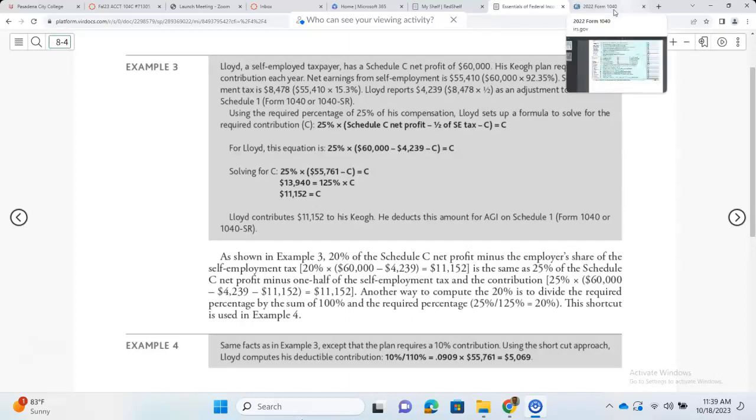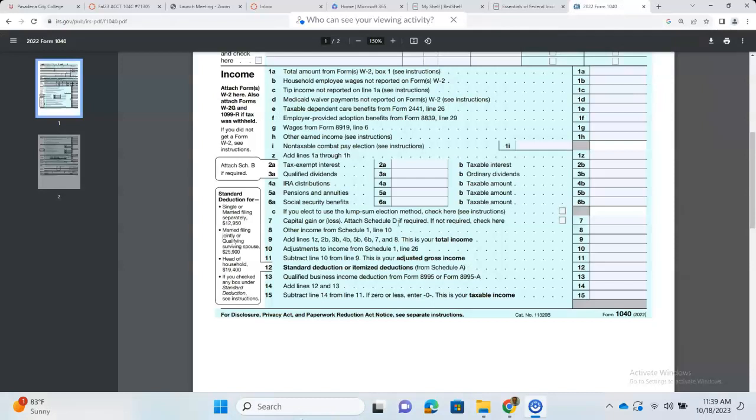So here is the Form 1040, and here is Schedule 1 somewhere, right there. So it will become an adjustment to income. So half of self-employment tax goes in line 10. Of course, it goes to Schedule 1, and then from Schedule 1 comes to line 10.